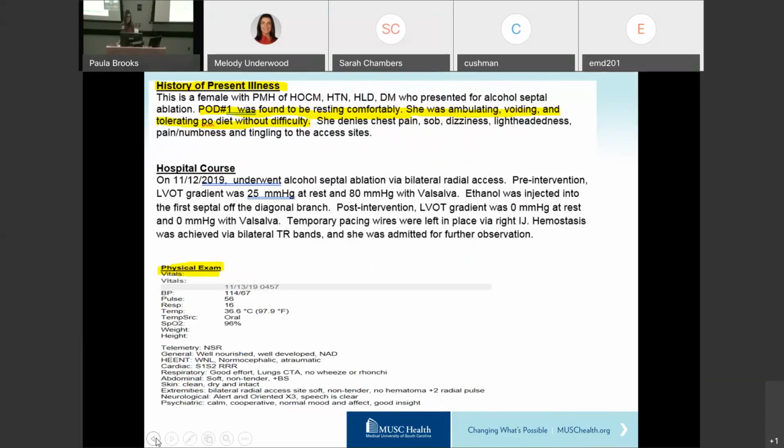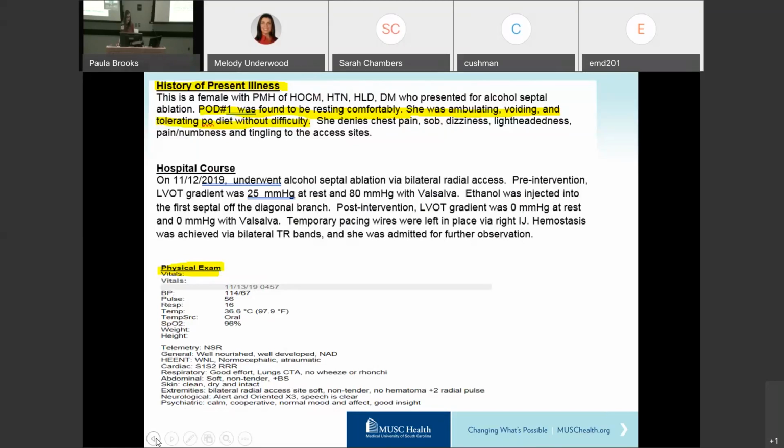So let's look at the physical exam and see how many elements we have there. We have constitutional, ENT, which is 2, cardiovascular 3, respiratory 4, abdomen or GI 5, skin 6, neurological 7, psych 8.